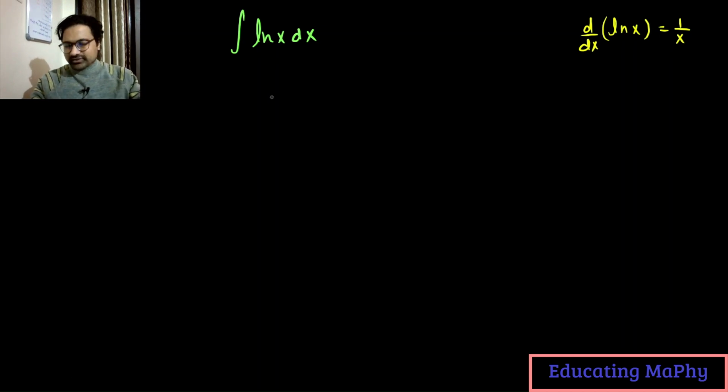And why is this special? If I intend to solve this question with integration by parts, don't you think that there is no other part? Because integration by parts takes into account two functions which are multiplied together, but there is no other function over here. But remember that even if there is no other function, there is always another function, and that function is 1.